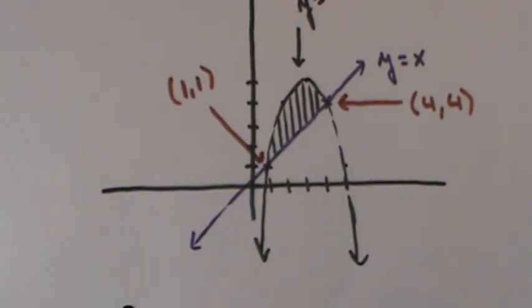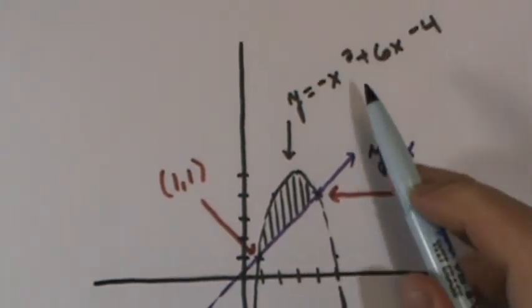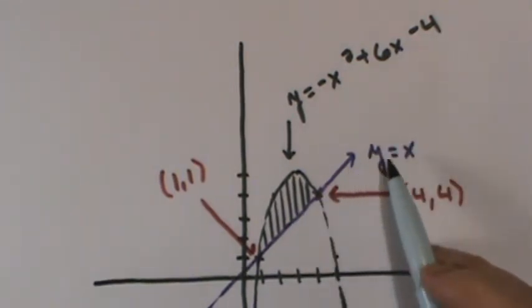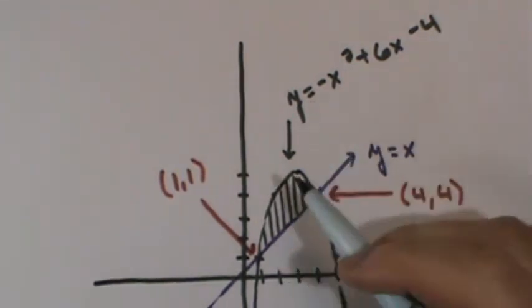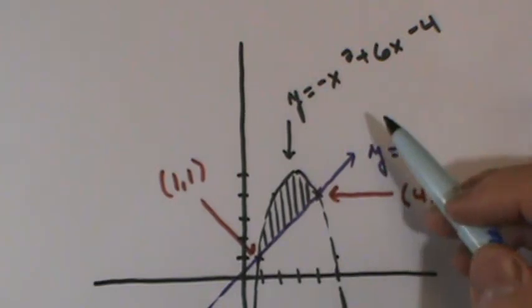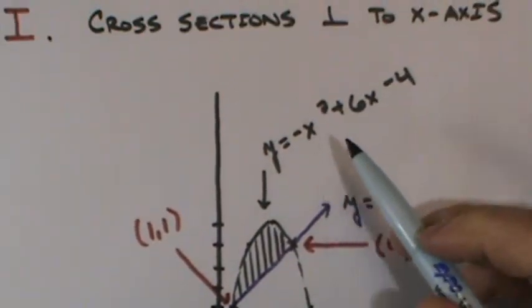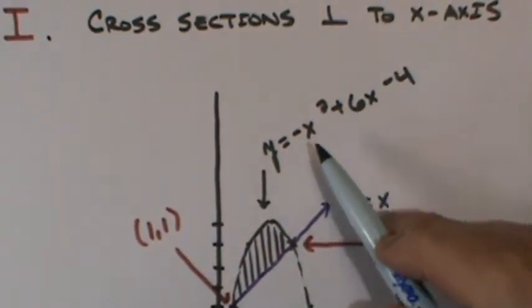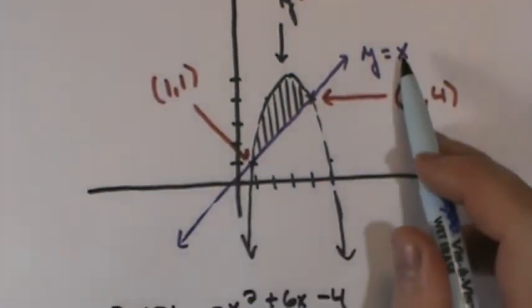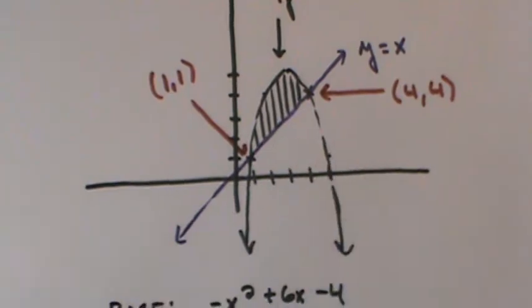My base would be the parabola minus the line. And since these are going to slice the x-axis, I want everything in terms of x. So I'm going to take my negative x squared plus 6x minus 4. That's the parabola I have here. And I'm going to subtract the line, so it's top minus bottom.